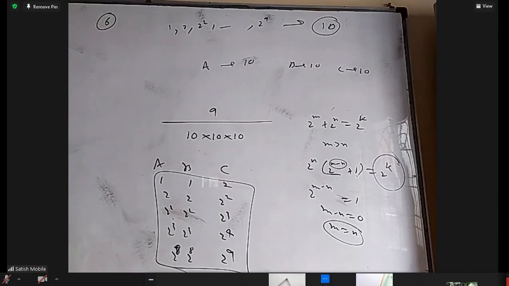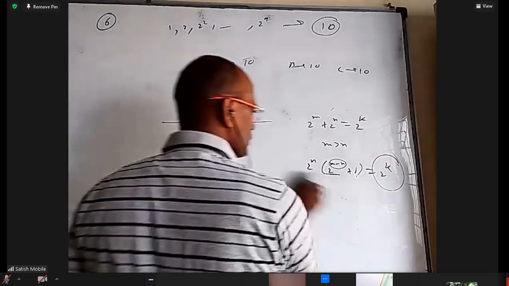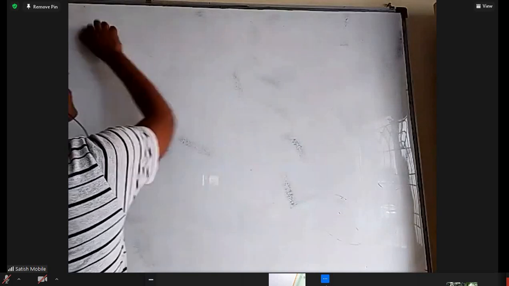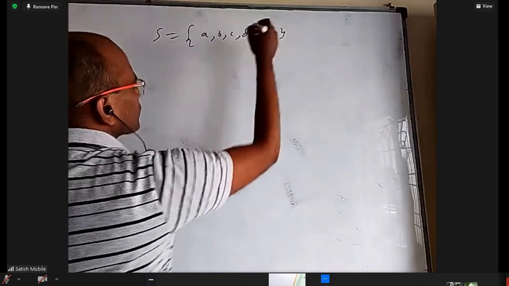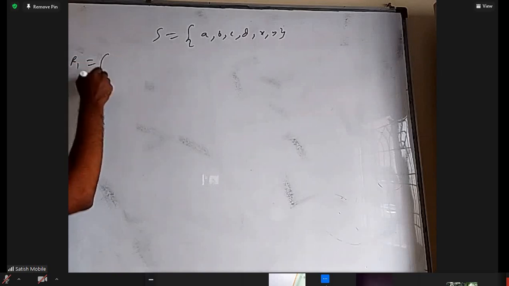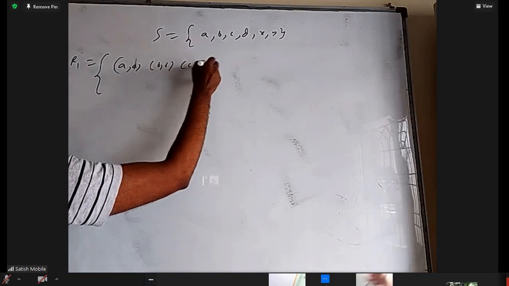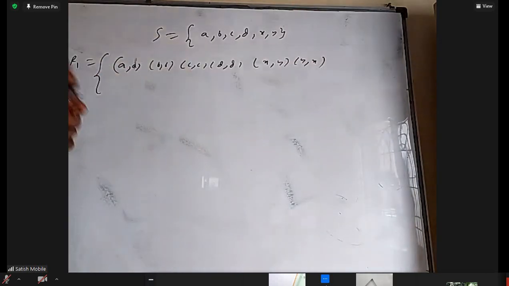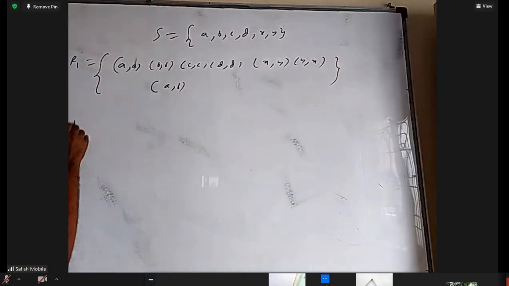I'll try to explain with an example so that we'll be able to relate to it more. Let us say I take set S as A, B, C, D, some X and Y. I want to take R1 as A comma A, B comma B, C comma C, D comma D, X comma Y and Y comma X, and A comma B. That's all. I want to take R2.